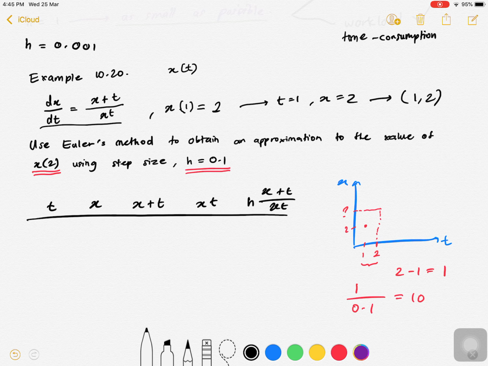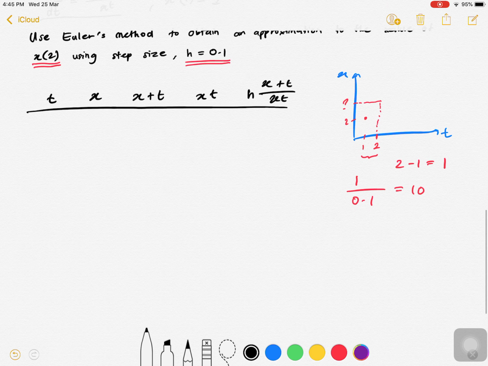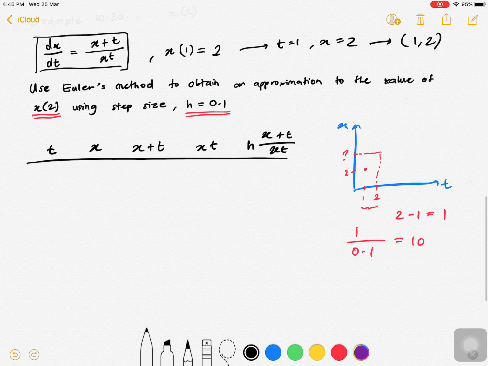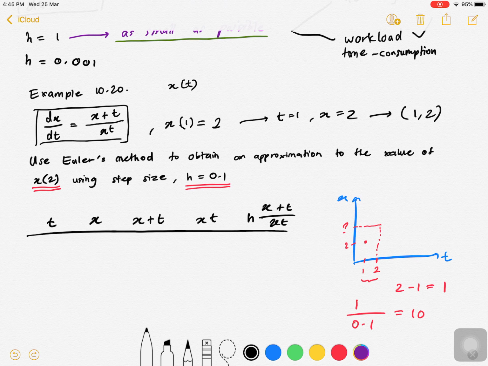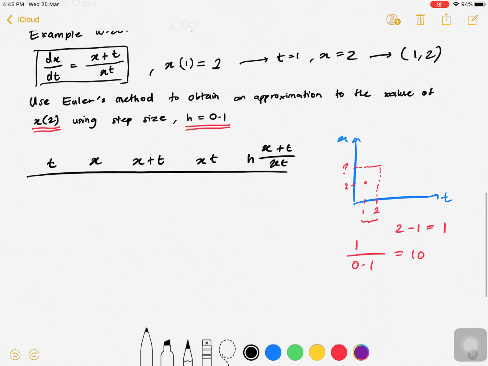I will tell you why we need to calculate this. It depends on the equation right here, so don't get confused. This column will not be in all different questions; it depends on this question only.